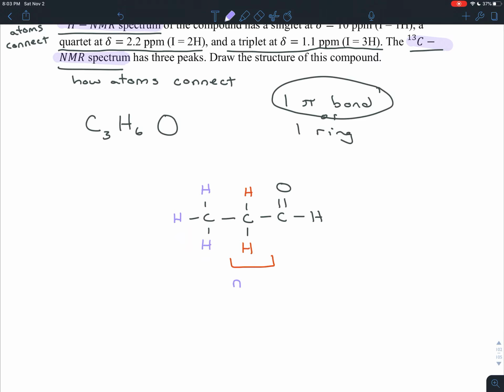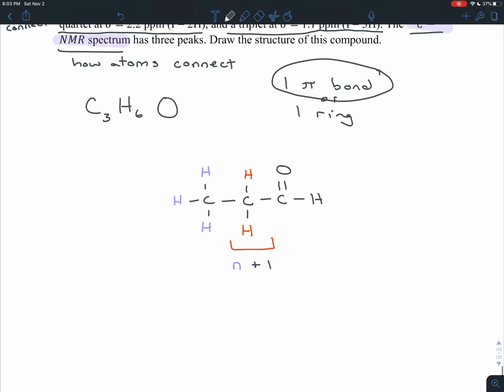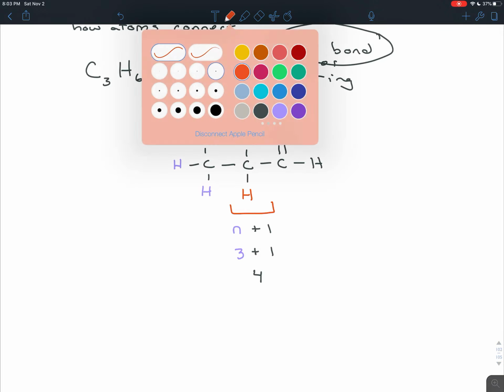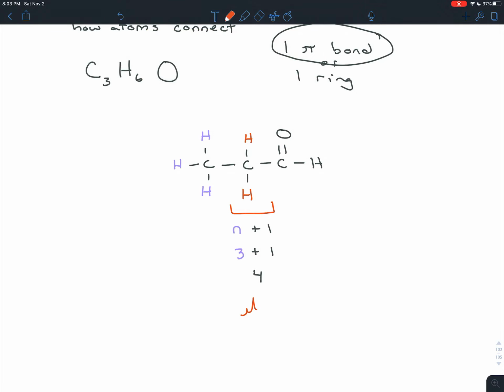They split that into an n+1 pattern. Now in this case, the neighboring hydrogens are 3, and so that splits the signal for those 2 hydrogens in 3 + 1 into 4 peaks. And so those 2 hydrogens will show up as a quartet.